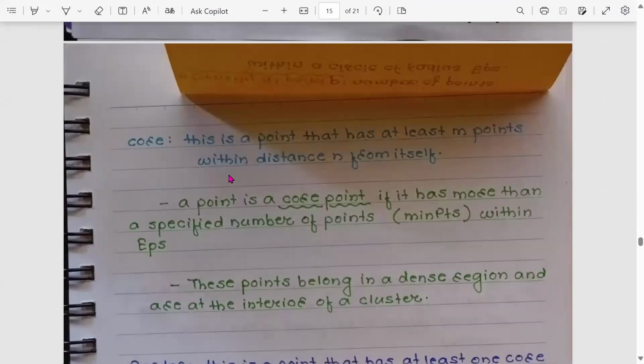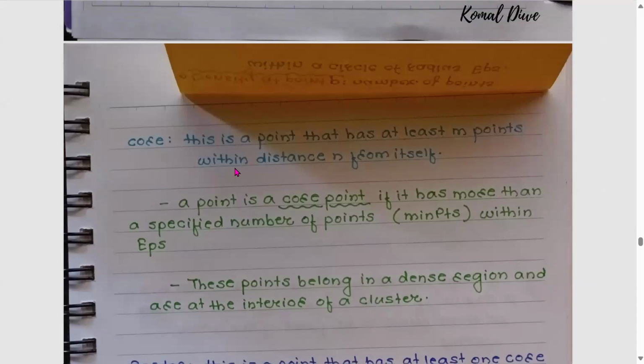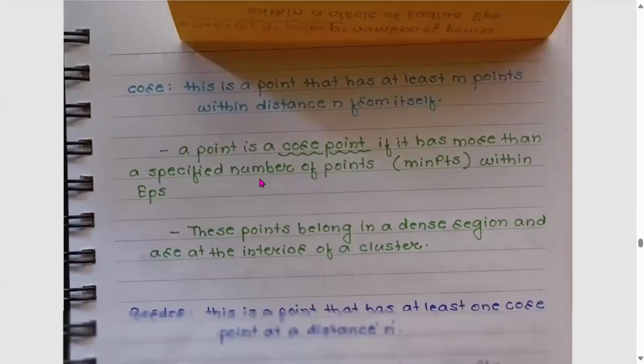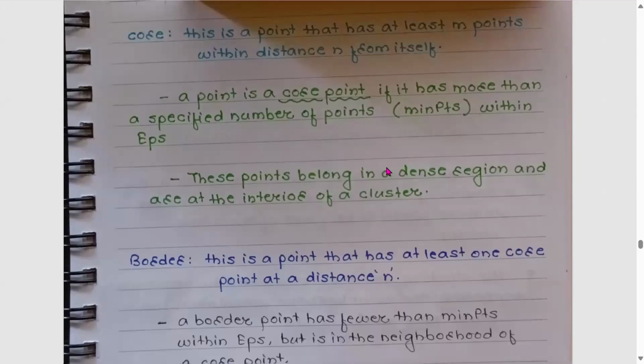A point is a core point if it has more than a specified number of points, minimum points, within epsilon. These points belong to a dense region and are at the interior of a cluster.